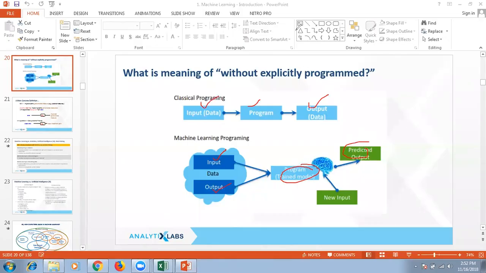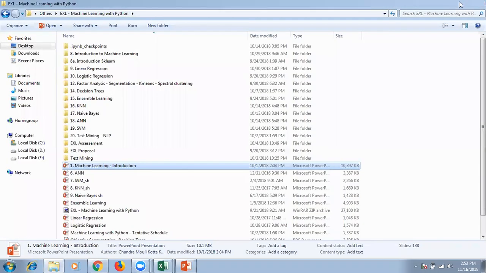So this is the difference which I was talking about. Does that make sense? Okay, so I think these are the foundational things which you need to understand.